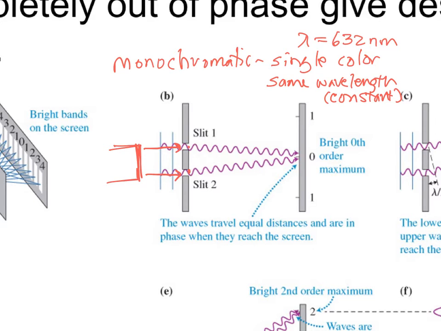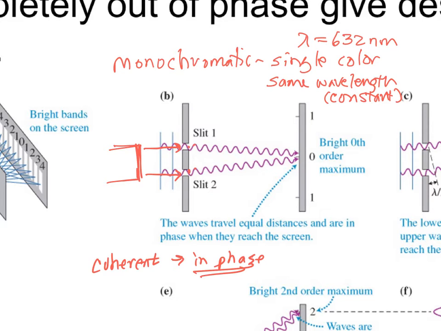They are also coherent, which means in phase. The word coherent, when applied to light, means that the source of the light is in phase, so these two crests will be exactly in phase with each other, as I demonstrated on the previous slide.